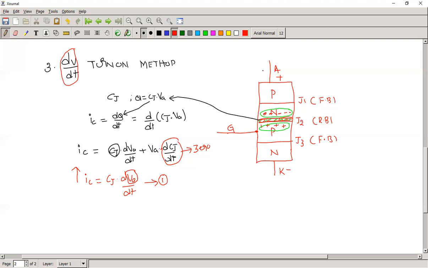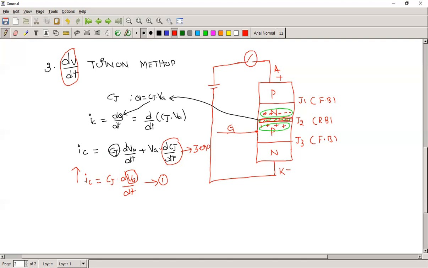If we suddenly apply the DC voltage to the SCR without any gate voltage, nothing but the gate is open, by closing the switch here. This is the DC voltage. We suddenly close the switch, and the rate of change of anode voltage is more.